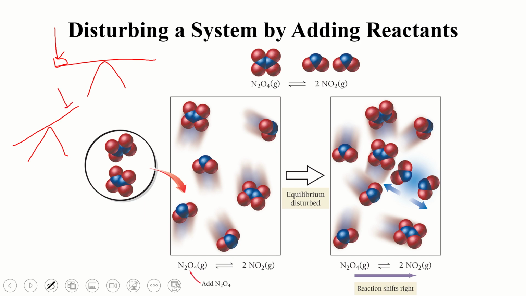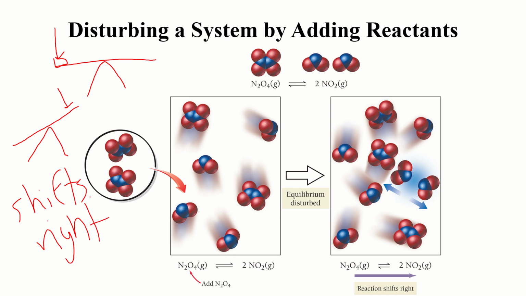You need to add weight to the right side. So you would say the reaction shifts right. Whichever side you need to add more weight to, so to speak, in this seesaw or balancing board analogy, is the side that the reaction shifts to. So if you add extra reactant, the reaction is going to shift right and form more product in response to that disturbance in the equilibrium.